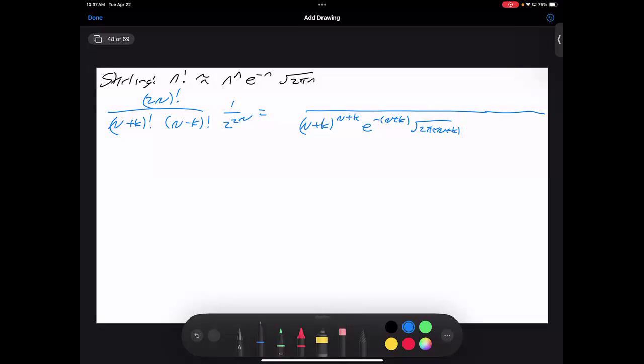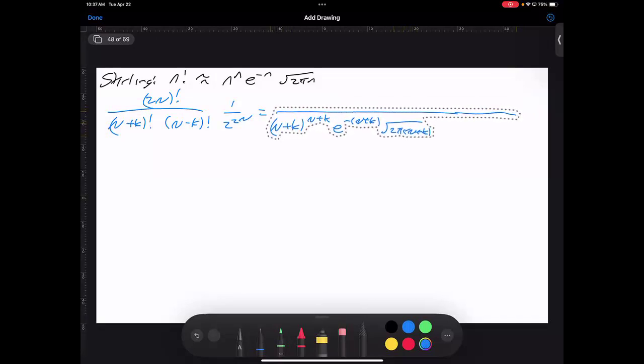I'm just going to erase. I'm afraid I'm not going to have enough room, so let me just move this over. Okay. And then for the n minus k, we're going to get n minus k to the n minus k, e to the minus n minus k, square root of 2 pi times n minus k.